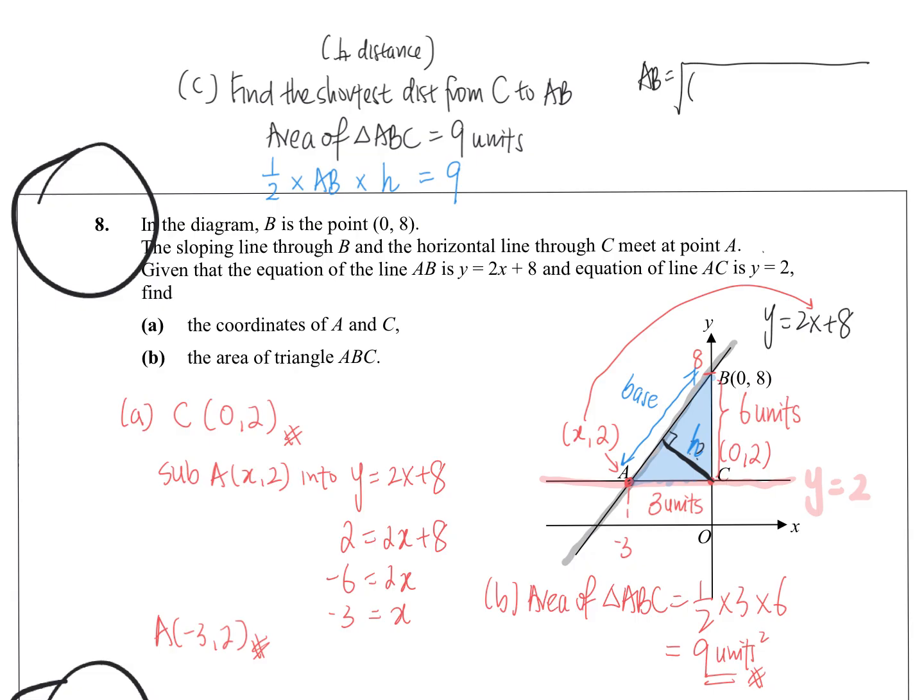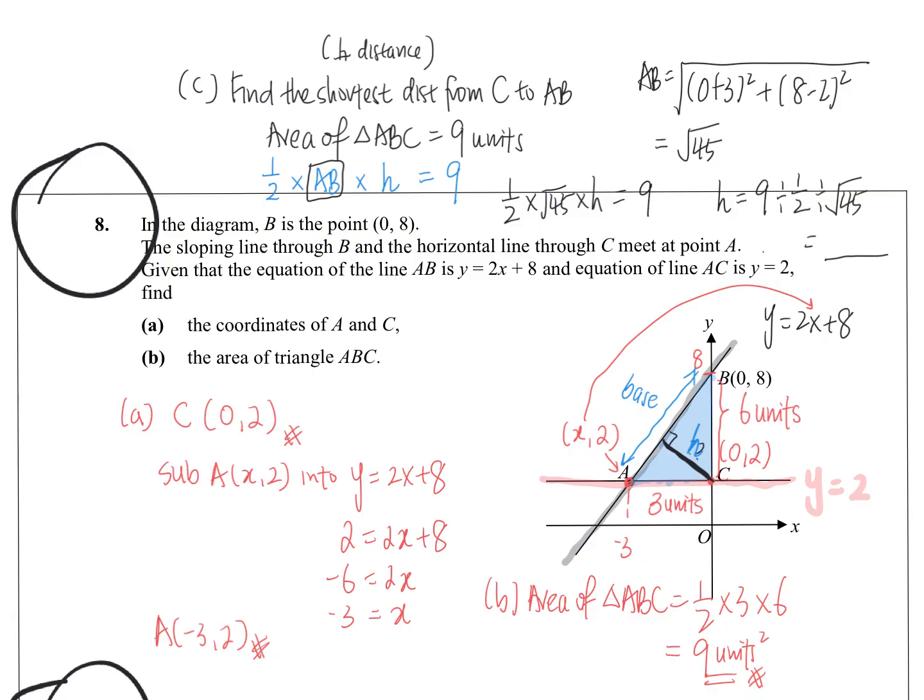I just use 0 minus 3 and then 8 minus 2, squared. So 9 and 6 squared, 36. Square root 45. So leave it as square root 45. So put it here. So half times square root 45 times height gives me 9. So in order to find height, I will use 9 divided by half, divided by the square root 45.